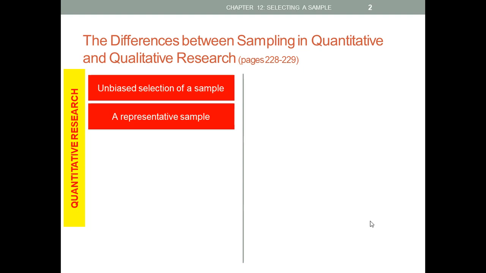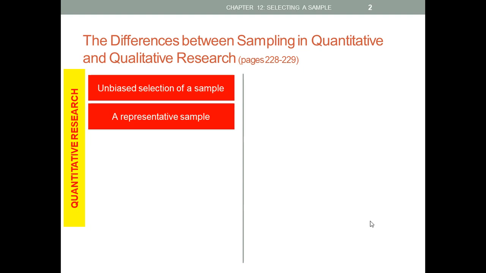For example, the population is 2,000 students at a particular institute. The researcher decides to select 200 because she has time and resources to survey only 200 students.